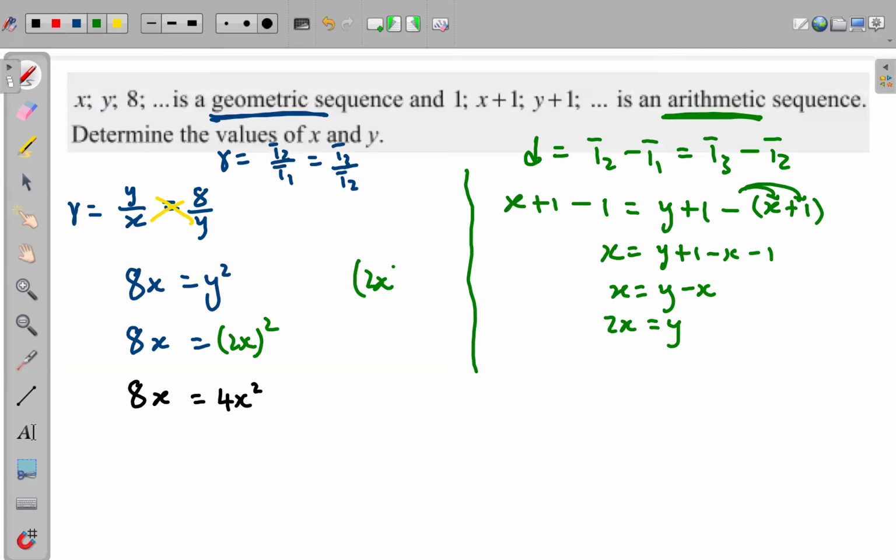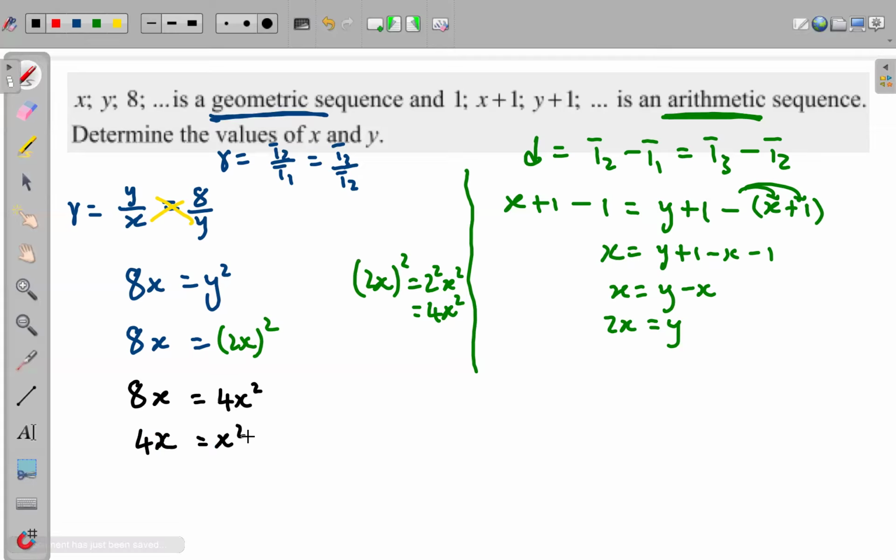Let me remind you, 2x all squared means 2 squared and x squared. And so the 4 comes from squaring the 2. Please beware of that. Then what I will do here, I notice that 4 can go into 4 and can go into 8 as well. I'll write this as 4x is equal to x squared.